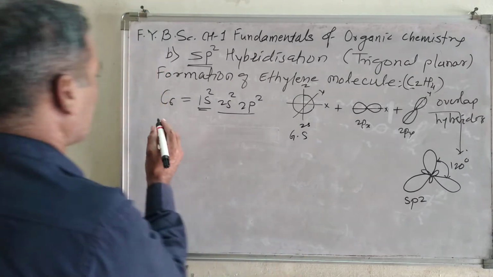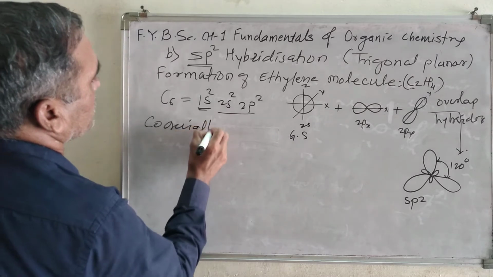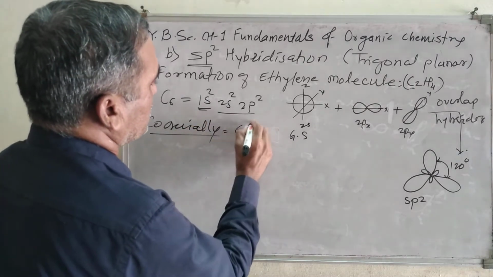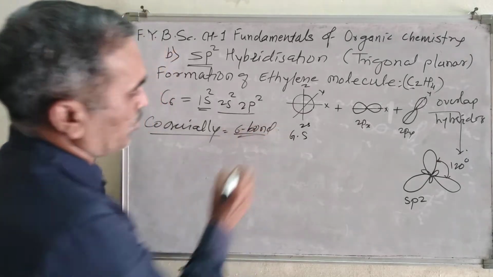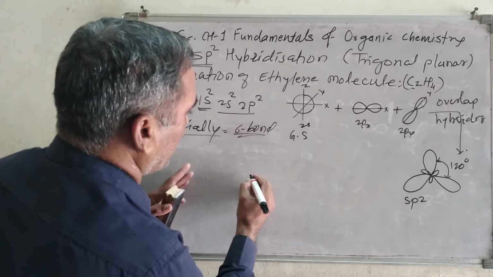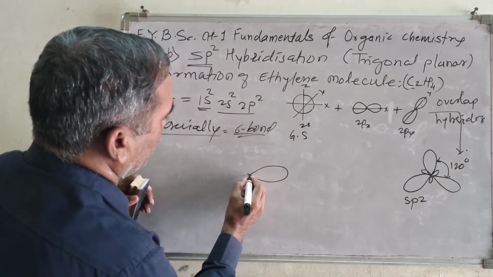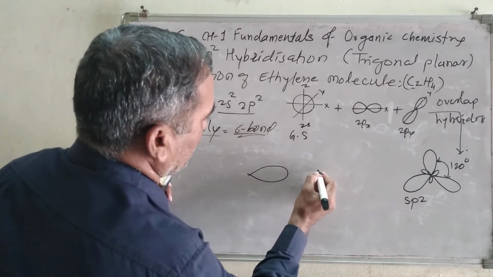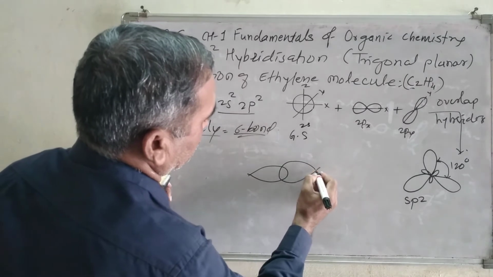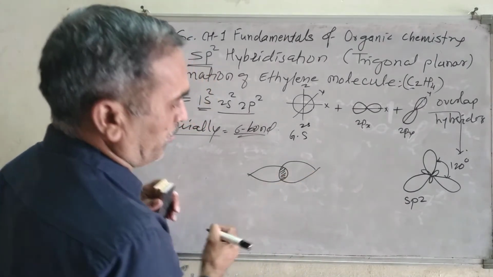I am talking about coaxial overlap, and it forms a sigma bond. Here, imagine one carbon atom, and here how it forms. Suppose it is like this, right? And this is the sigma bond forming here.